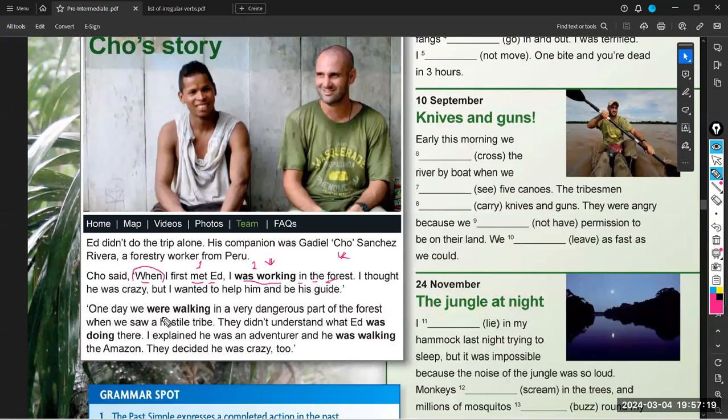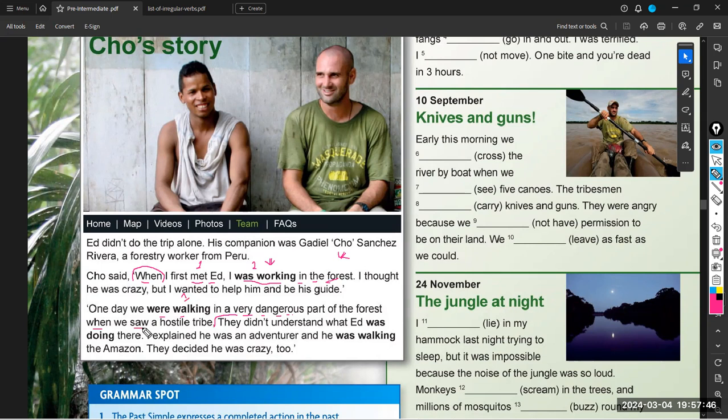And notice here, guys, "we were walking." And here I used "when" again. So let's discuss this sentence. When we saw a hostile tribe, we were walking in a very dangerous part of the forest. So notice again the use of two actions. This is number one in the past continuous because it is still continuous in the past.